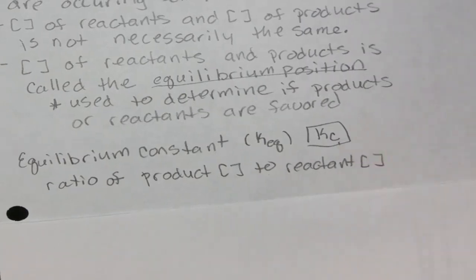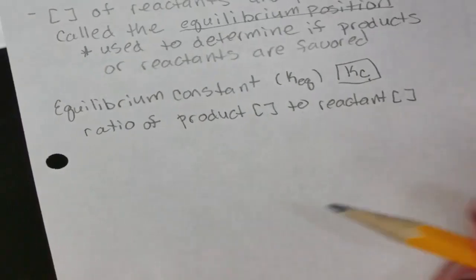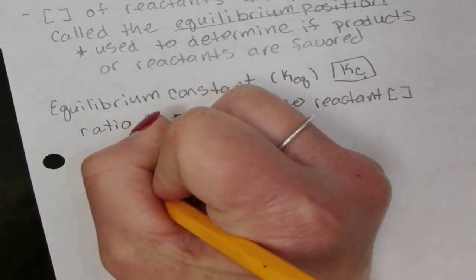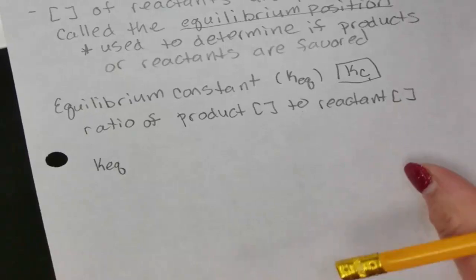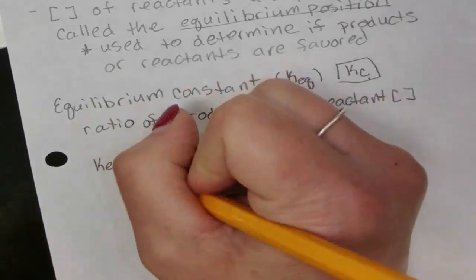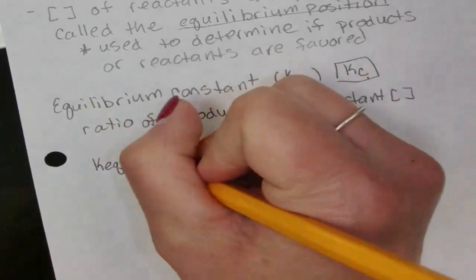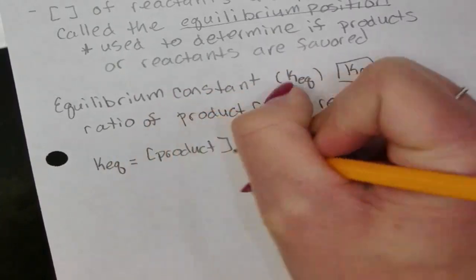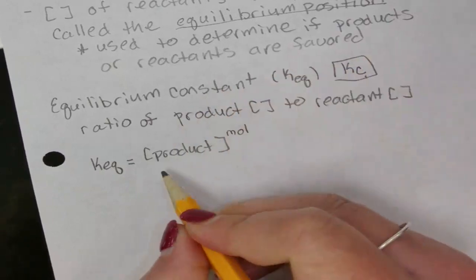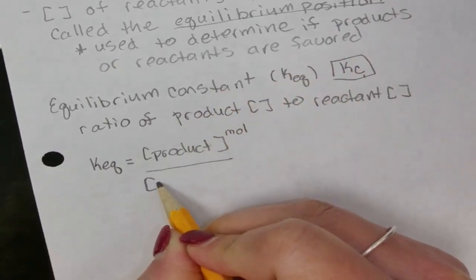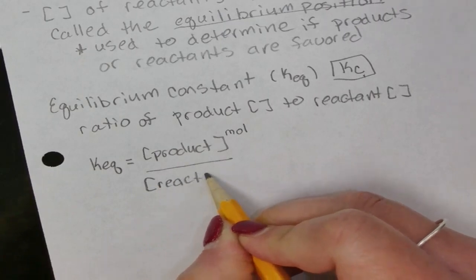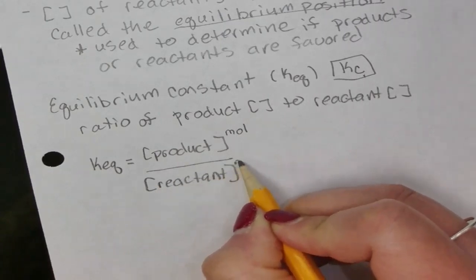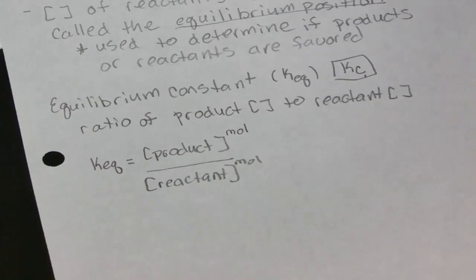So for the purpose of this class, we're going to just drive one car, and that's going to be in terms of concentration. All right, so to do our KEQ, and in our case, you could write a C, so we'll do it both ways here. That is the product, and it is going to be raised to the mole over our reactant, raised to the mole.